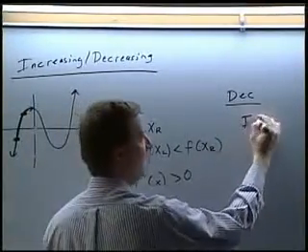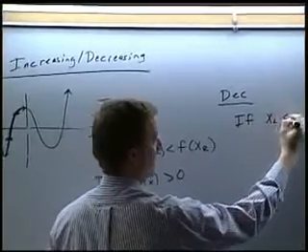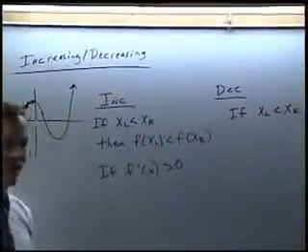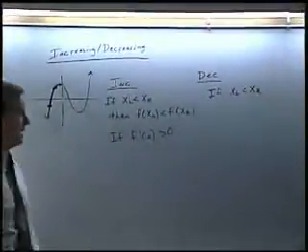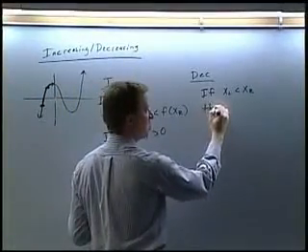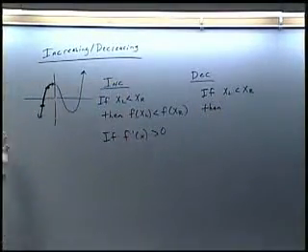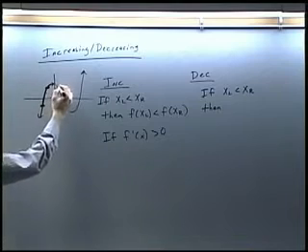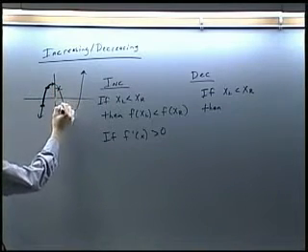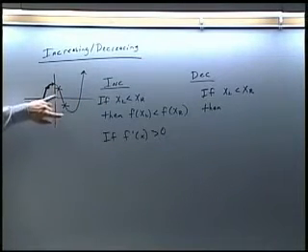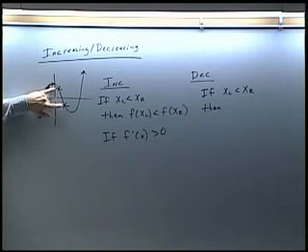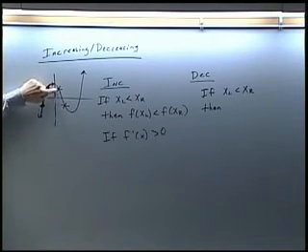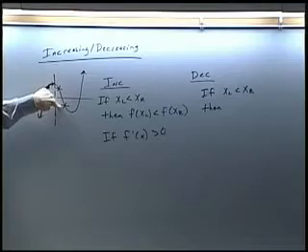If we have two values, again, a left and a right value for x's, then what needs to be true if the graph is decreasing? So if I pick one x value and then another x value over here, what needs to be true about their y values? Well, this y value has to be bigger than this y value, doesn't it?